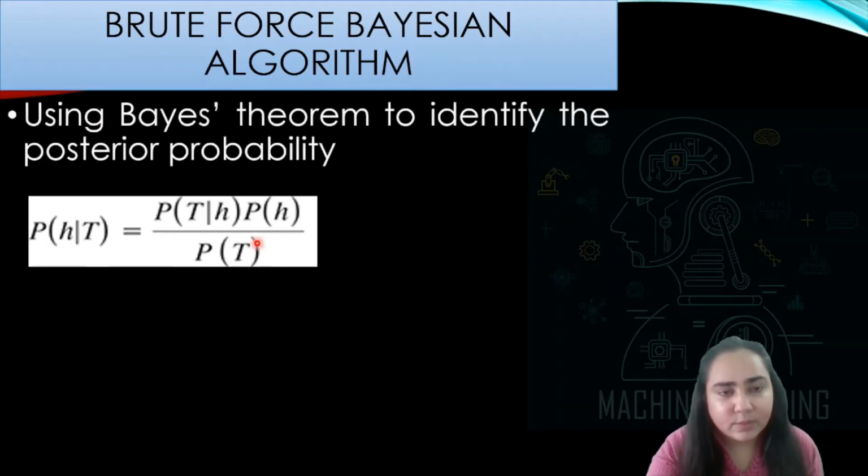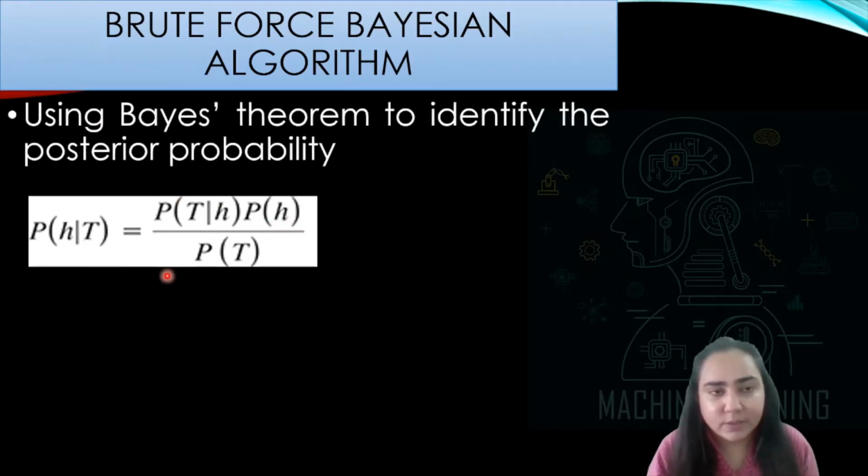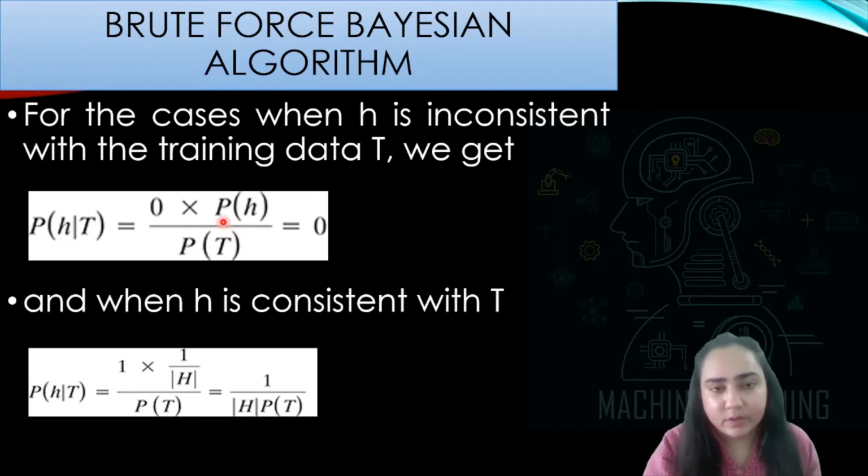So this is our original Bayes theorem concept, or the formula which we already know about. Now if you put all these concepts that we studied into the Bayes theorem formula, you can say that the value that was here, which was P of T given h, which would be 0 if h is inconsistent, we would be getting P of h given T also equal to 0. But if h is consistent with T, then we know the value is 1, which means we have here 1 instead of 0.